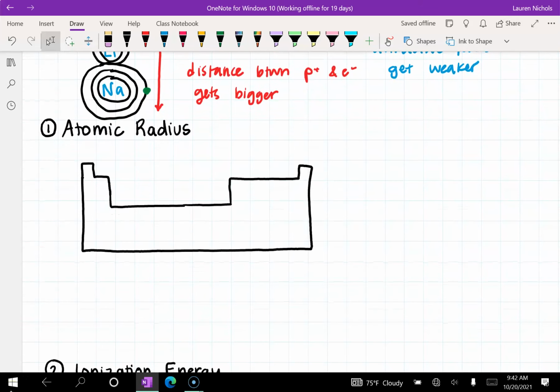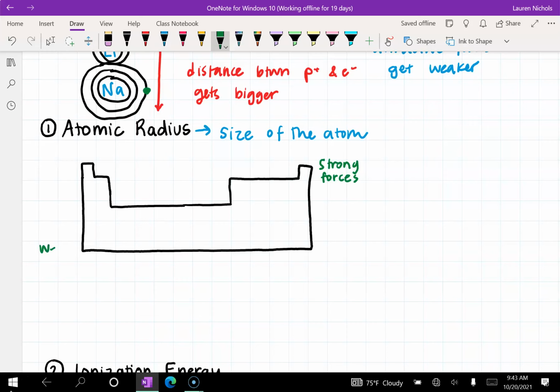The first one we look at is atomic radius. Now, the atomic radius just refers to the size of the atom. When you have the atomic radius trend, what you need to remember is that if you have a strong attractive force, that would be in the top right corner.